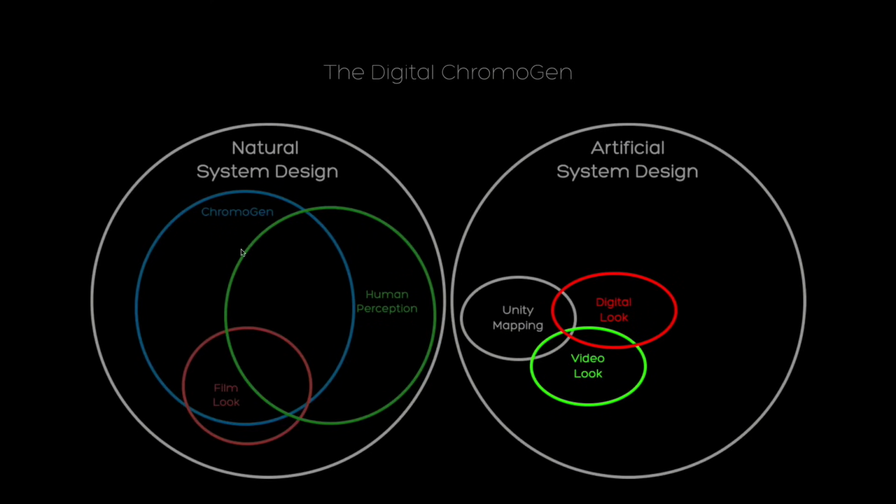We're also saying this is not exactly like human perception, because human perception is much more complex. But it has a big overlap here. The most important thing is that it's in that gray circle and not over there, we hope. And we've been testing this with a few selected colorists for a few years, and it's looking really promising.